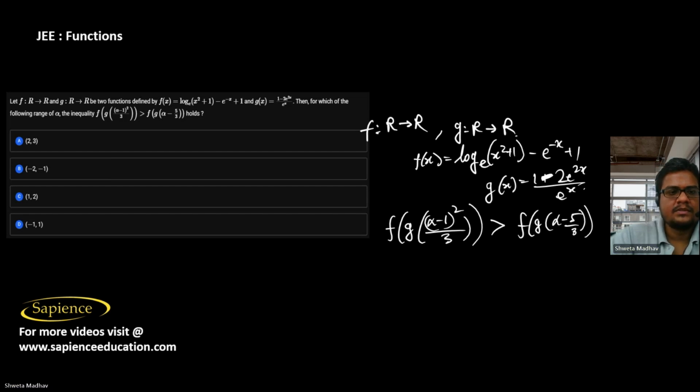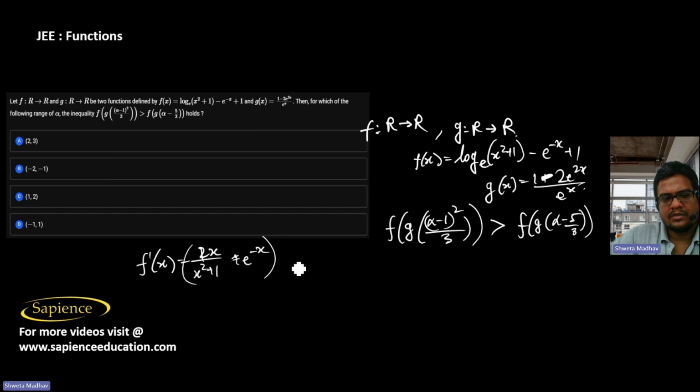Okay. So here it is told f of x is this. So now if we do f dash x, then we will get 1 by x square plus 1 into 2x, plus e power minus x.